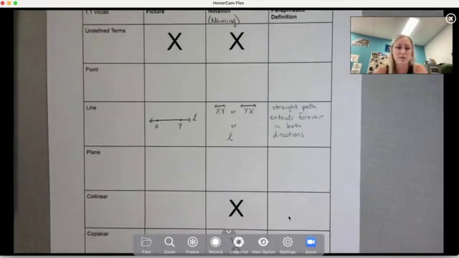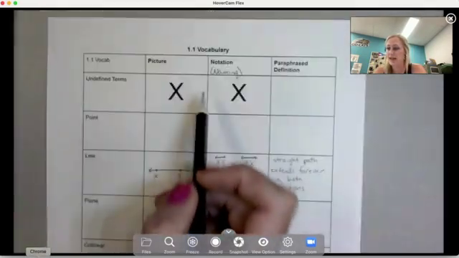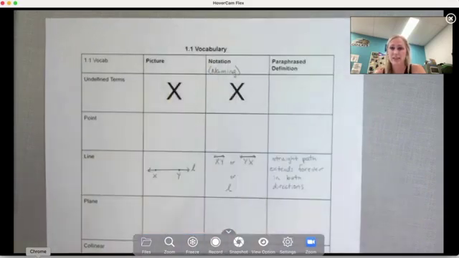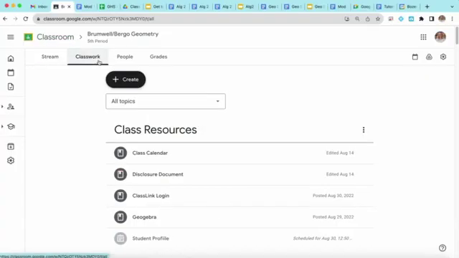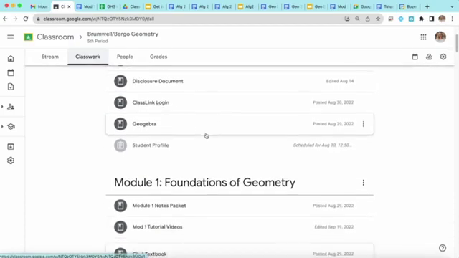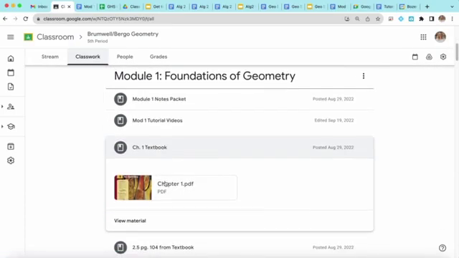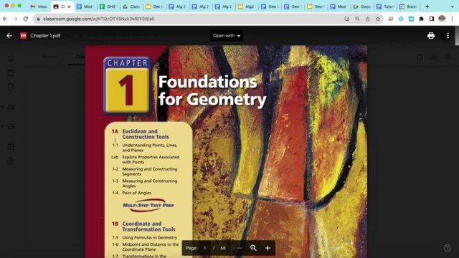Okay, so I'm going to flip over to Google Classroom. Because we are in section 1.1, that's where I need to be in the book. So on Google Classroom, if we hit classwork, I'm going to scroll down to module 1 and find the textbook. So you can see over here are the sections on the left. So I want to find 1.1.